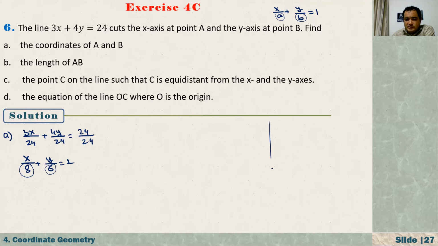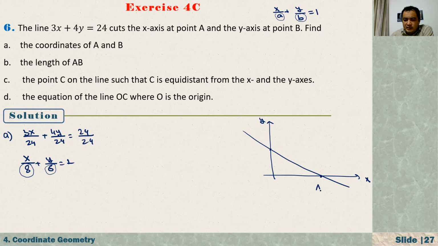If you just draw this, then our line is something like this. This one is the x-axis, this one is the y-axis. So this point is A, whose coordinates are (8, 0), and this point is B, (0, 6). Now find the length of AB.